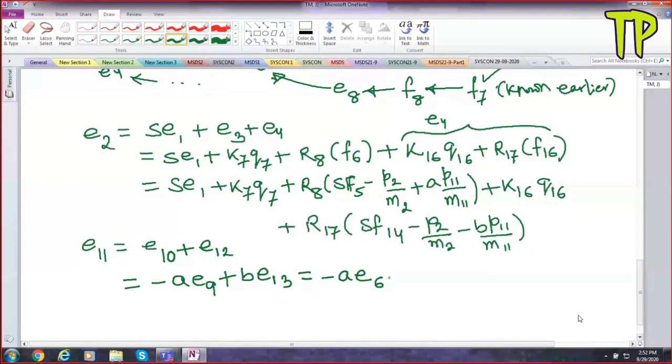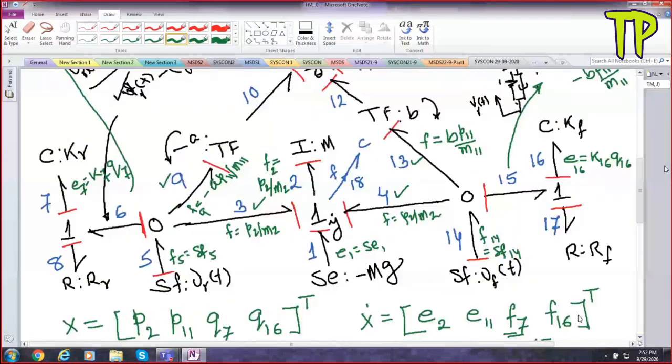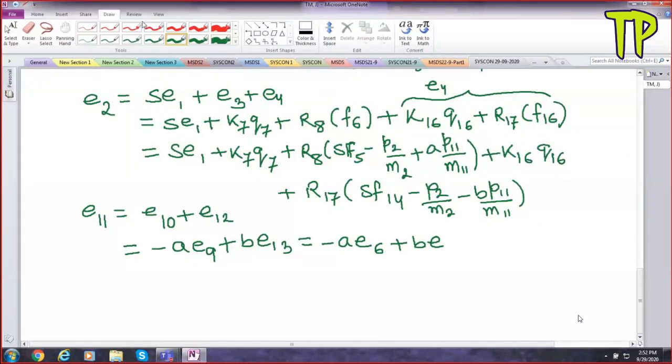Okay, and then you have plus B times E, whatever this was there, E8 or whatever. E6, E4, we can write E3, E4, because all efforts are same at zero junction, so we can straight write them as E3 and E4. E9 is same as E3, this is same as E4. So we have these E3 and E4 equations already here.